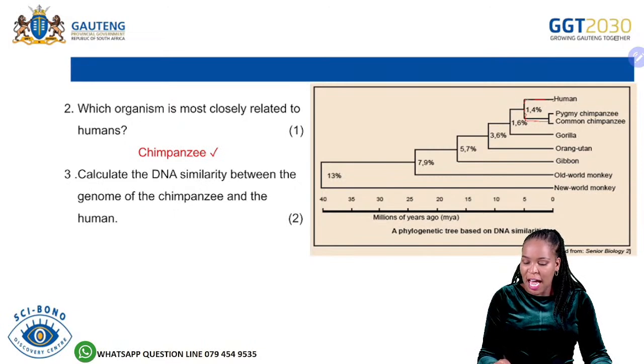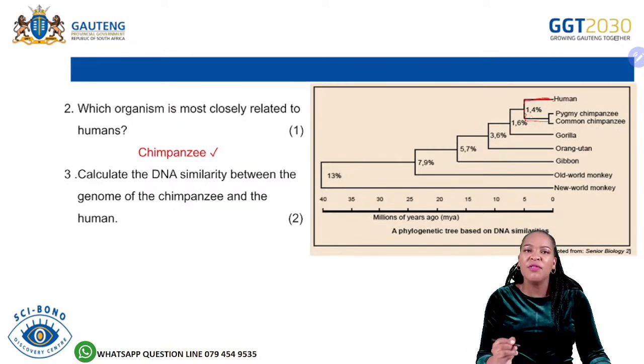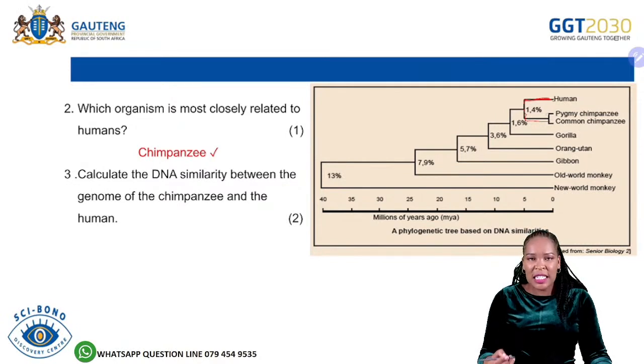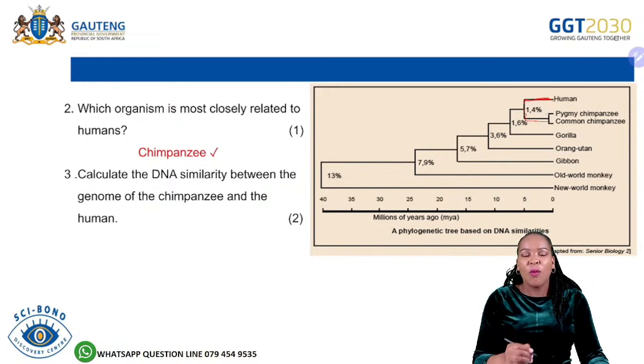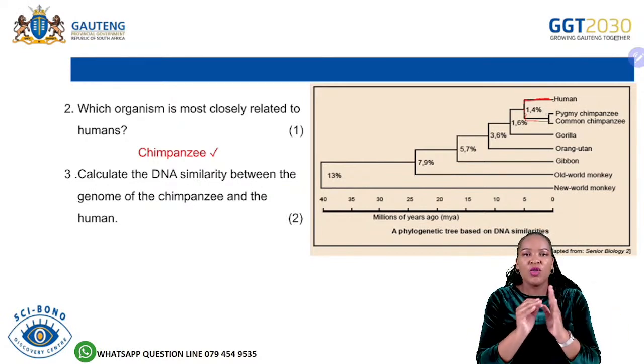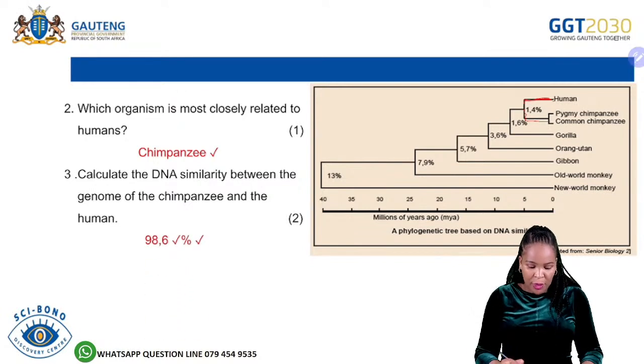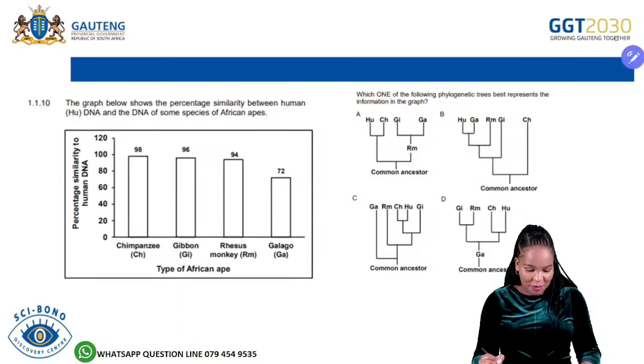So your chimpanzees are closer to the humans. Even if you didn't have the values, you would still be able to answer this question, as you are able to interpret the phylogenetic tree in terms of the lines. What do they mean, where they split, where it shows a common ancestor that is being shared. You will still be able to answer this question. However, you use the information that is given to you. Right. Oh, and now I've given you the answer for the previous one. Now we're going to go back.